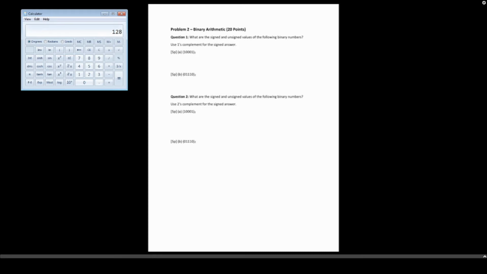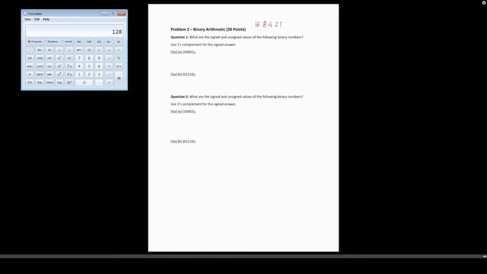So let's do the unsigned. For the unsigned, I pick up this number and I literally just convert it to a decimal value. I have 5 bits, so this is going to be 1, 2, 4, 8, and 16. It will make it easier for us to convert this binary number.